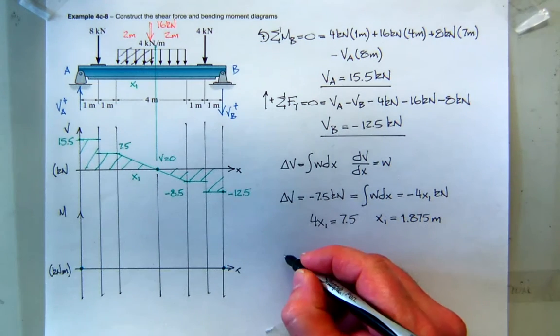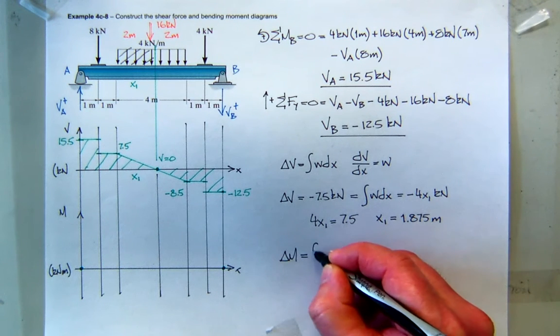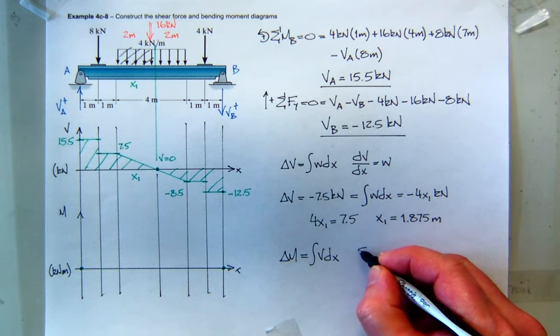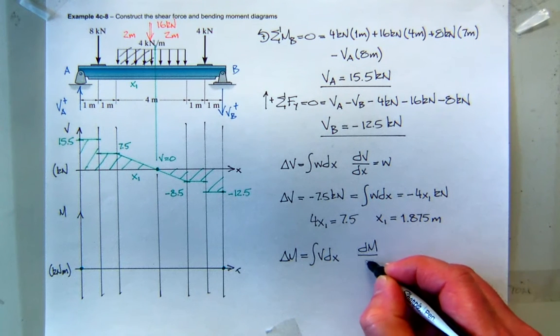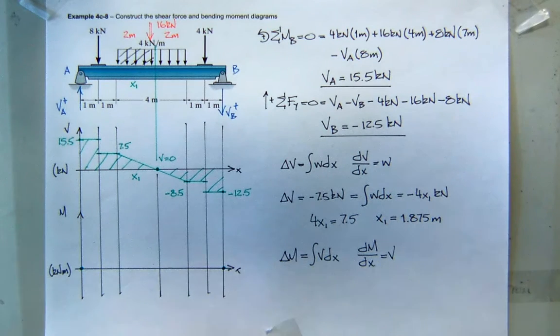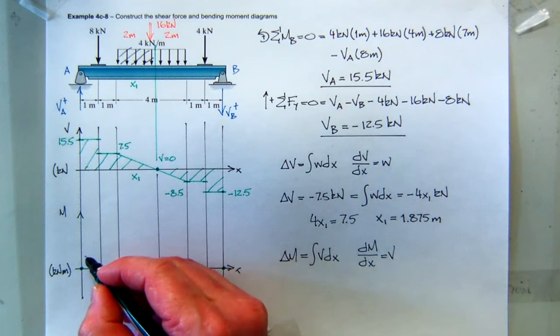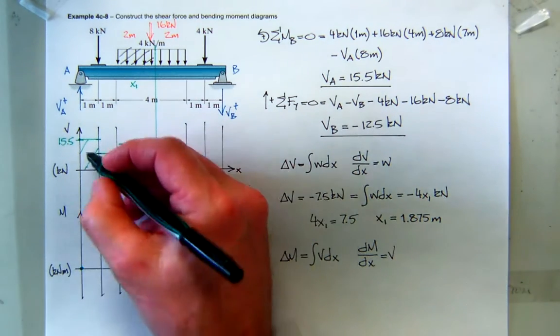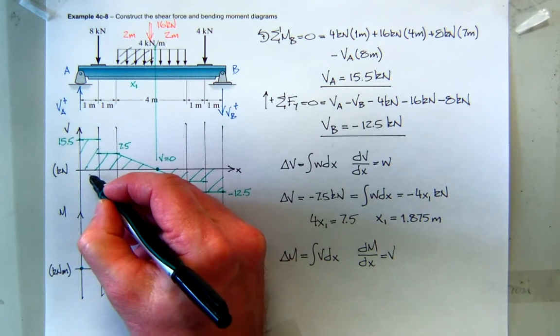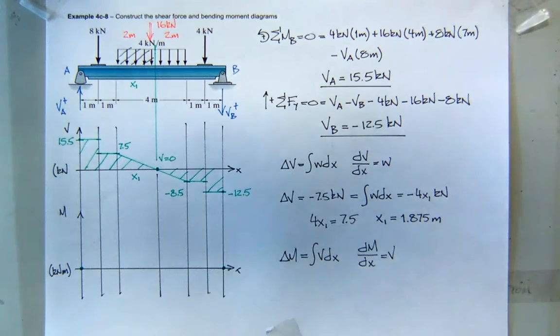So our relationships for this part will be that the change in moment is the area under the shear diagram, and the slope of that moment diagram is equal to the value of the shear. So again, we have to take it segment by segment. Here's a nice segment. It's a rectangle with a base of 1 and a height of 15.5.